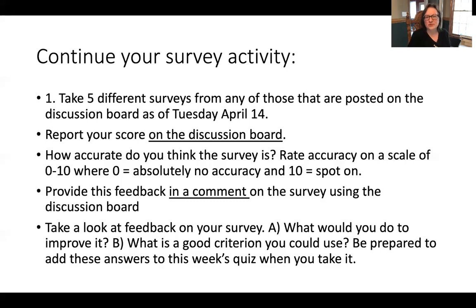Versus the person who says, I'll take the 5 bars because more is better and I don't care about the quality. So that could be a criterion, another example of a criterion. So think about what's a good criterion that you could use. And I'll ask you those questions on this week's quiz.